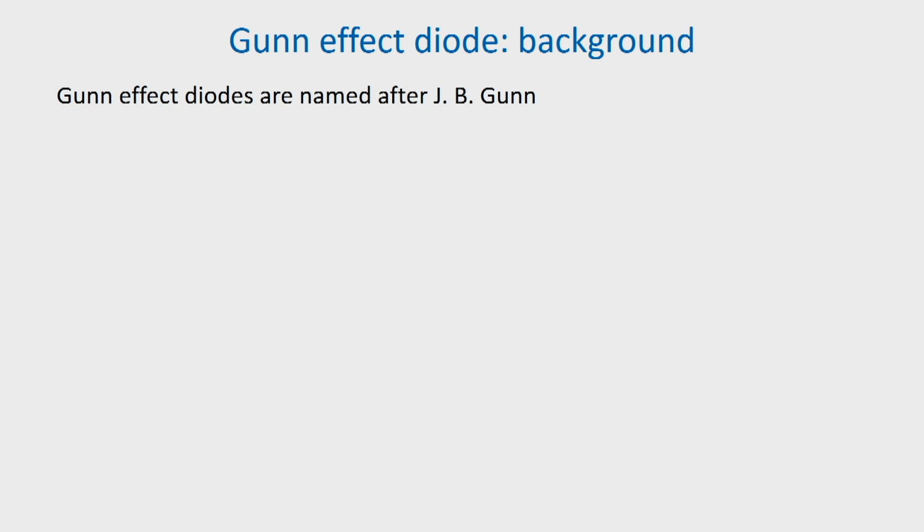So, Gunn effect diodes are named after J.B. Gunn, who actually experimentally observed some oscillations in a sample of gallium arsenide biased above some threshold voltage.